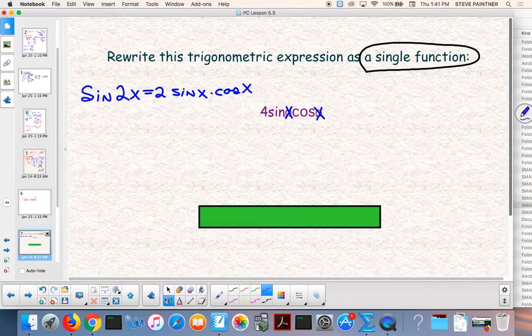Cosine of x. You almost have that, guys. Look, that is almost that, right? So somehow, could you rewrite that a little differently to make it look like this? I would like you to tell me this expression by saying 2 sine of x, cosine of x, and a little bit more.